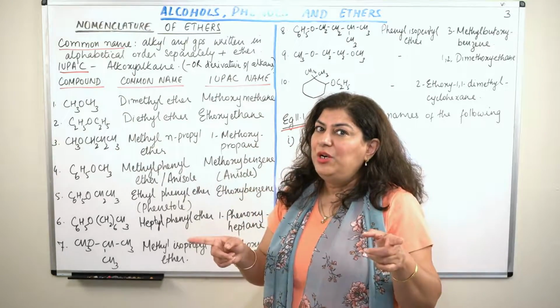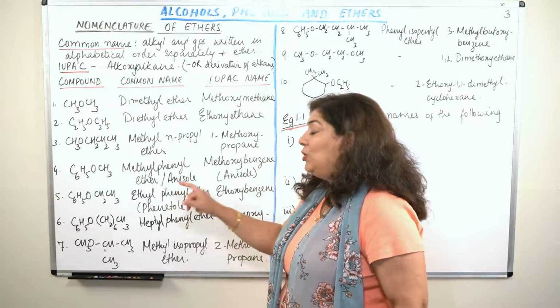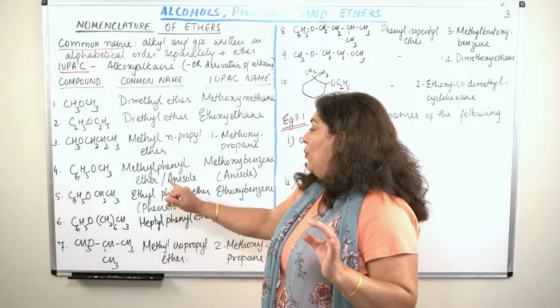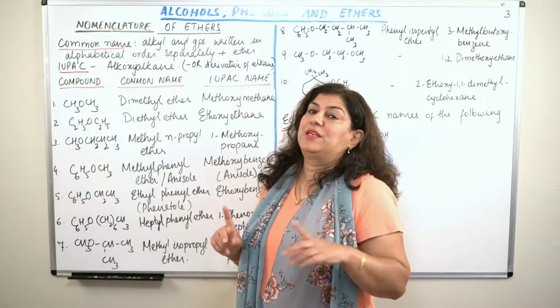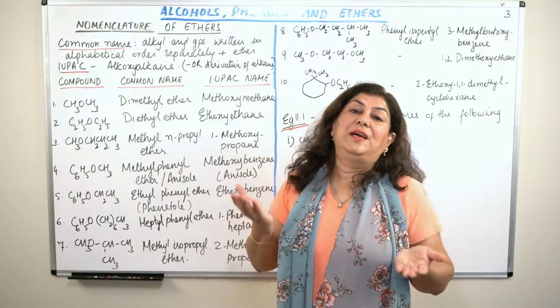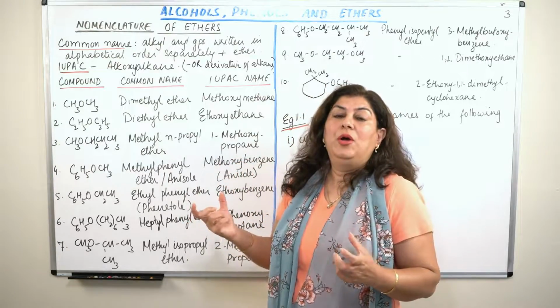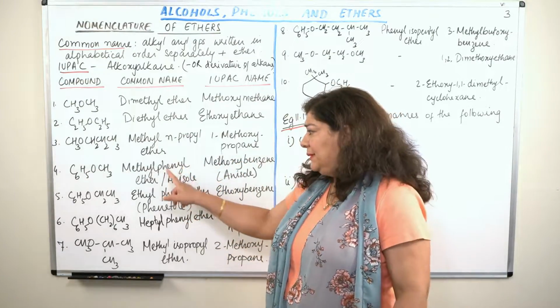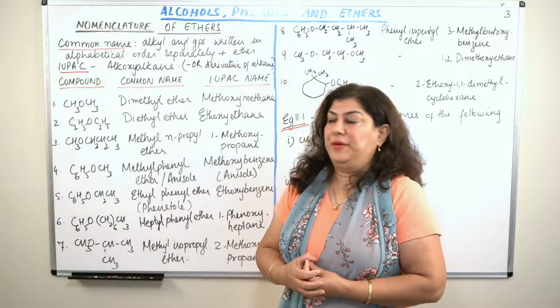So even in common nomenclature, you have to keep this in mind that it is not the prefix like iso, whether it is normal or it is neo, that alphabet is not considered in the alphabetical order. Only the name of the alkyl group or the aryl group is taken to choose the alphabetical order.